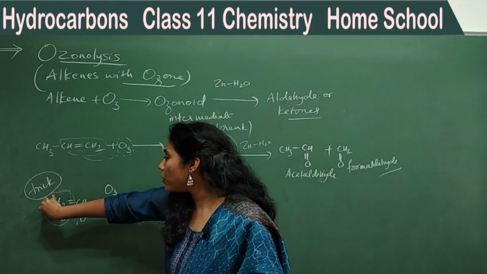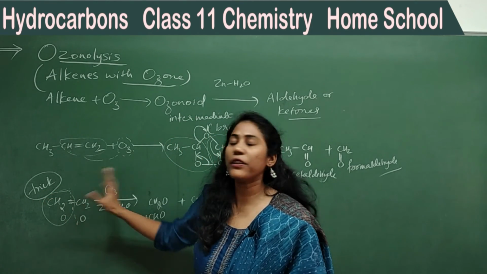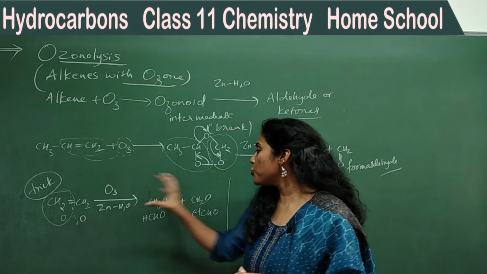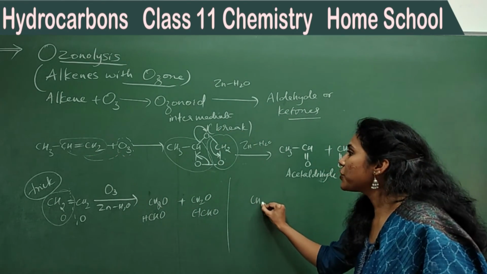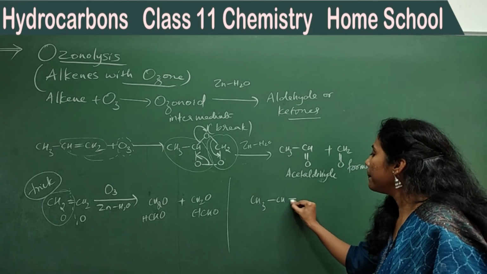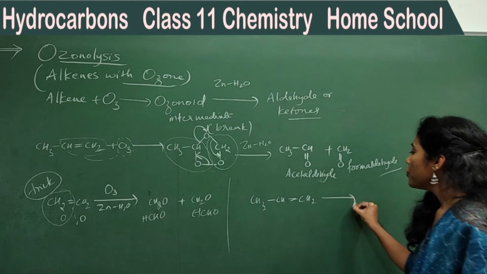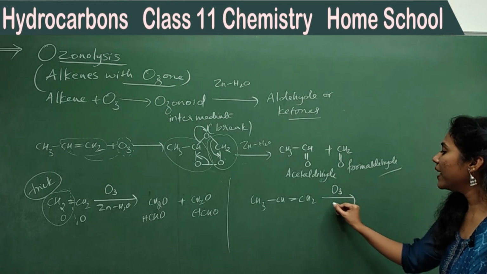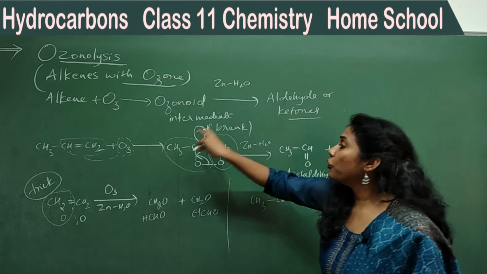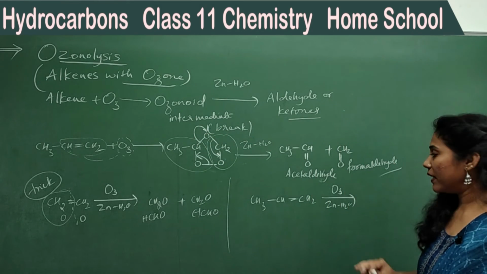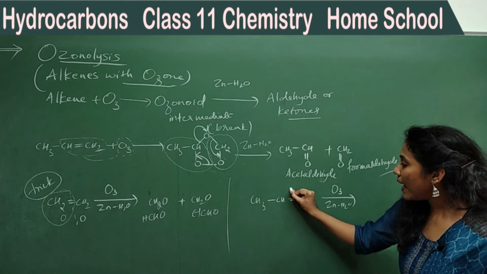Wherever double bond is there, you break it. One oxygen you add to one carbon, the other oxygen you add to another carbon. That's it. And you show them as a product. I take the same molecule, CH3, CH double bond CH2. Suppose I have ozone above the arrow mark, zinc water below the arrow mark. So what happens? No need of going for the mechanism and then writing a product. See, double bond is here. I'm breaking it.